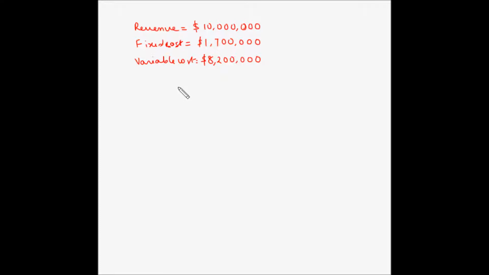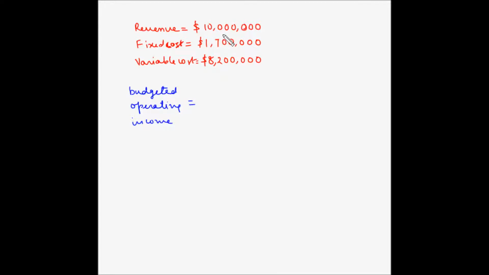So first, let's find out what is the budgeted operating income for this company. Now, operating income is nothing but profit, and we are using budgeted because it is planned for the next year. And all this information is also the budget information. Now, profit is equal to your selling price minus your cost price. That is in simple terms. So here, the budgeted operating income is equal to, now selling price is nothing but the revenue.